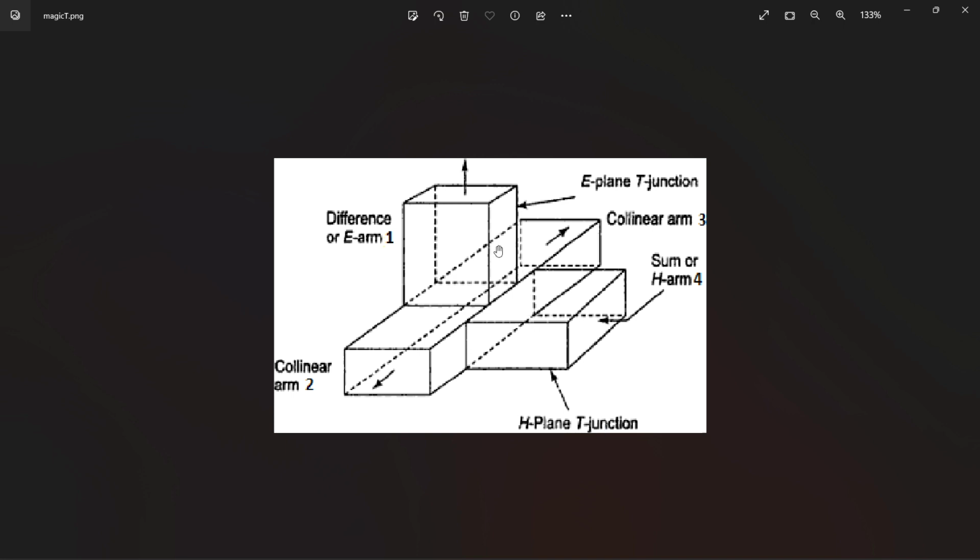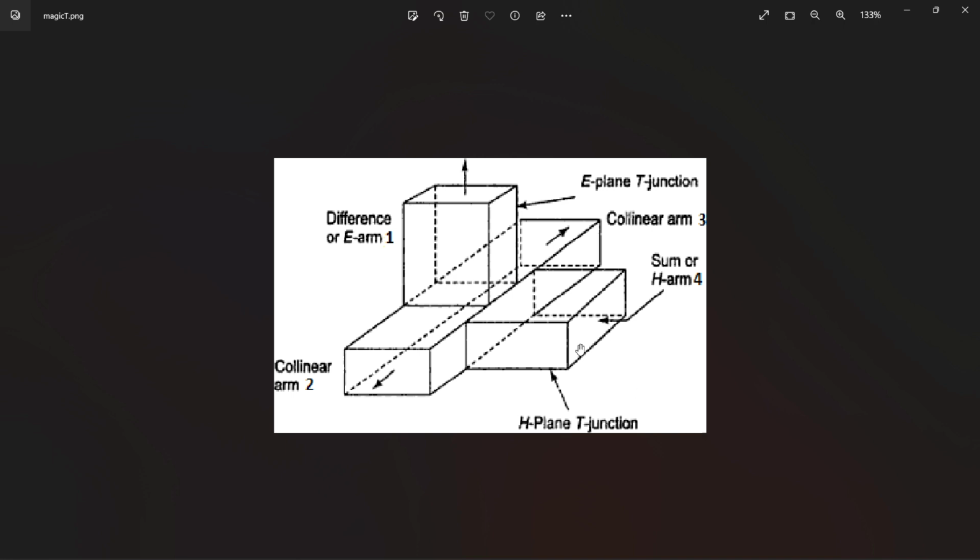The E-plane arm is always perpendicular, because the electric flux lines are always perpendicular, and so the perpendicular arm is termed the E arm. It is parallel to the electric flux lines.